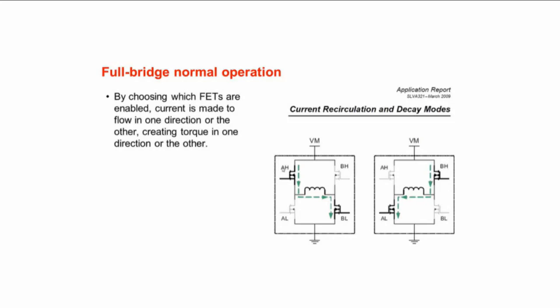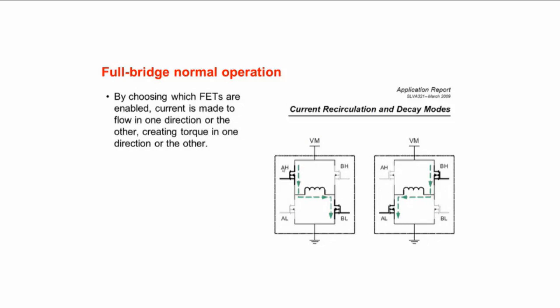If we turn on phase A, the high side MOSFET gets current from the battery or whatever the filtered power might be, goes through the motor, creating a torque in one direction, and then returns back to the ground through the B phase low side field effect transistor.